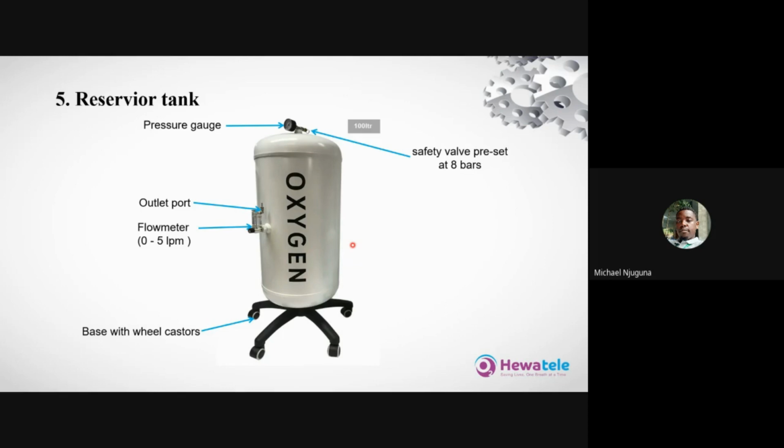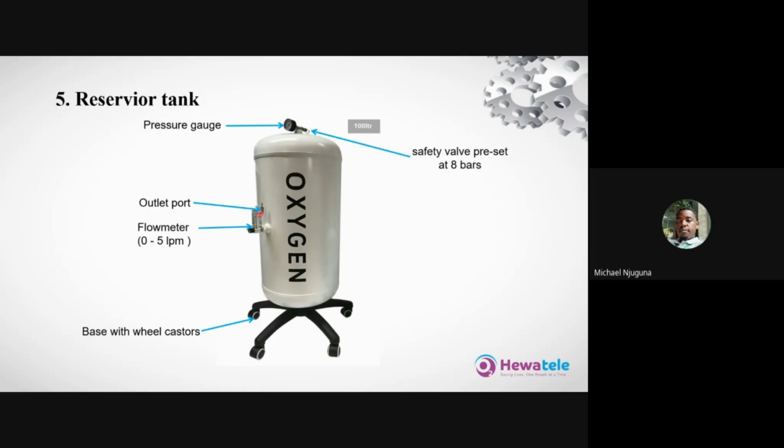And this reservoir tank is deemed to be full when the pressure is between 5 and 6 bars. The pressure gauge is graduated in bars. Just behind the pressure gauge is a pressure safety valve, which is preset at 8 bars.